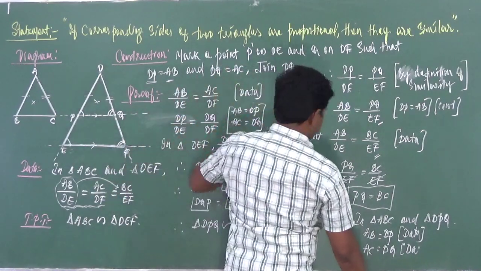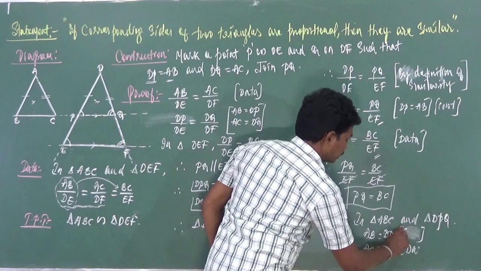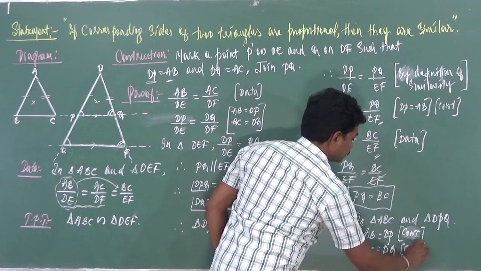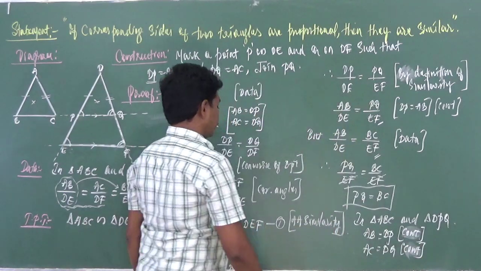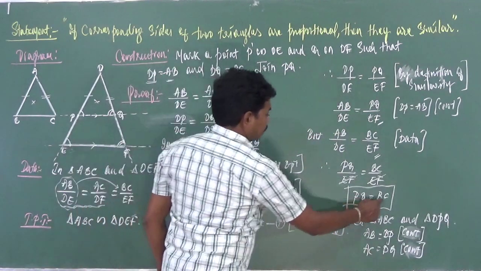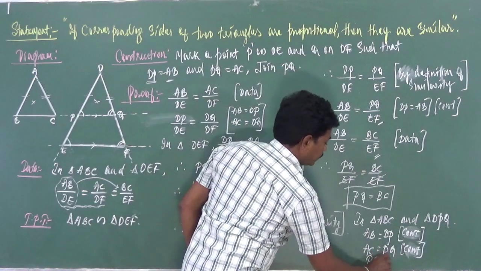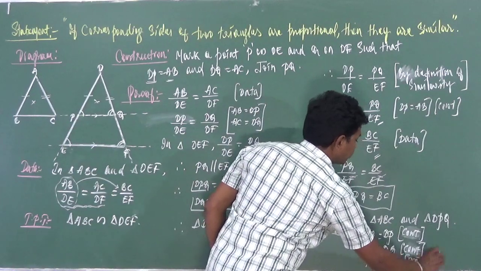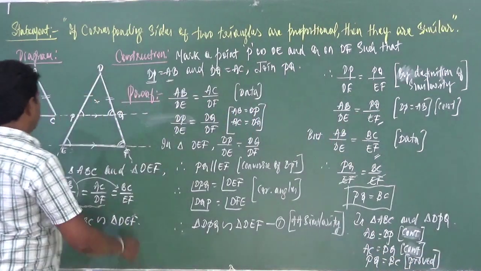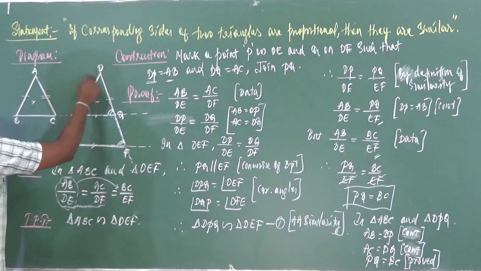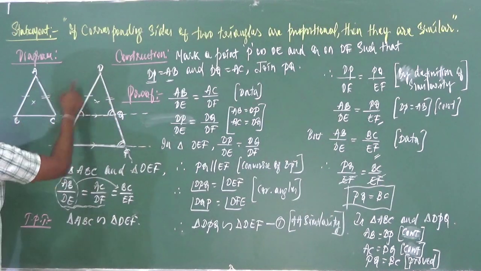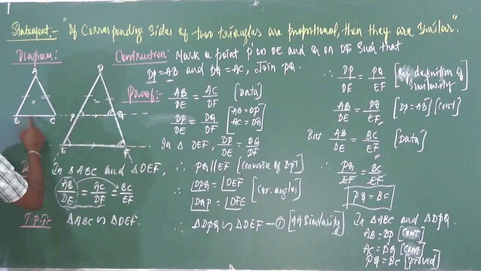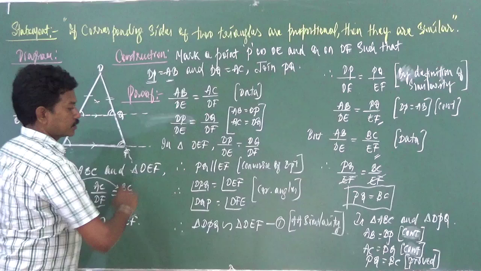That's according to construction, I'm sorry, it's not data. And also now we have proved that PQ is equal to BC. So in these two triangles, triangle ABC and triangle DPQ, AB is equal to DP according to construction, AC is equal to DQ according to construction, and BC is equal to PQ, just now proved.